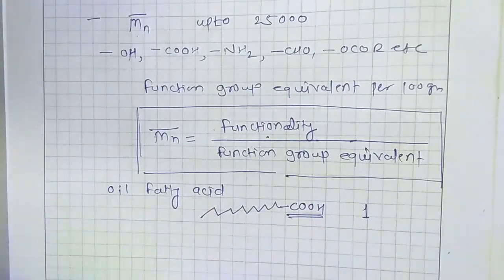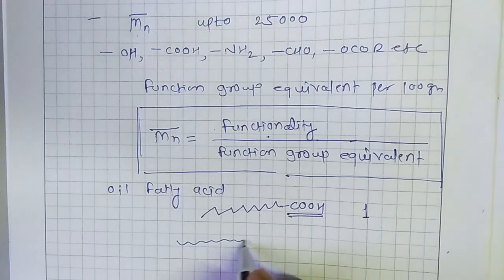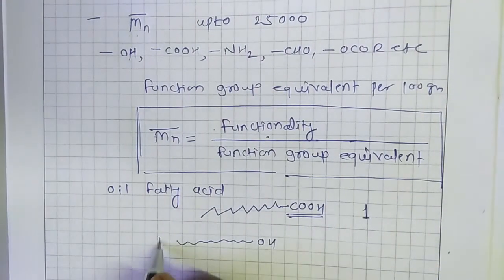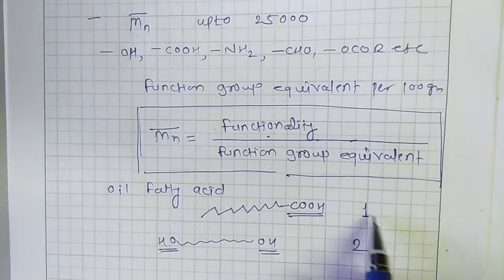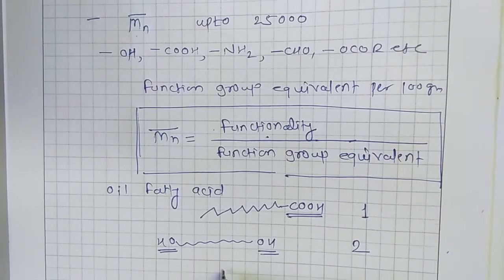Now consider another example, a polymeric diol, which has the OH groups, and it has 2 active functional groups, that's why its functionality is 2. In this way we can determine the functionality of the molecule.